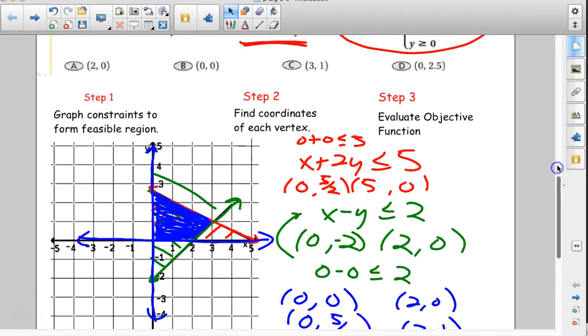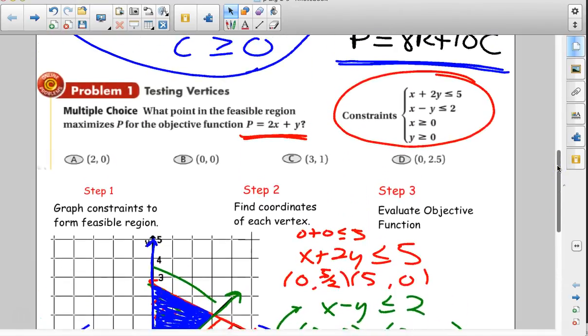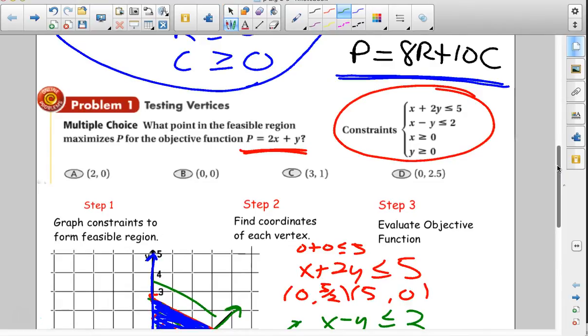We could pretend that these two constraints are set equal and make sure that our 3, 1 actually gives us the answer on the right-hand side. So if we put a 3 and a 1 in here, that's going to give us 5. That's going to work. 3 minus 1 is 2. Good. We know we're right. So we could do it by hand if we had to, or we could use a calculator. But we need to know where those intersections are.